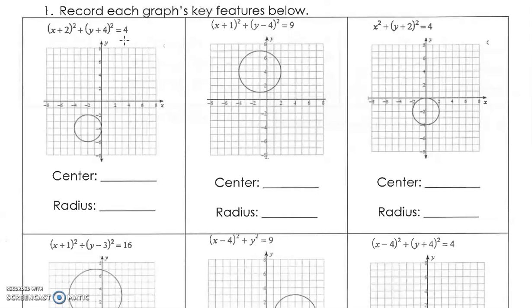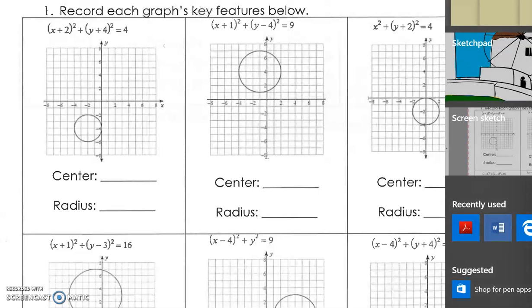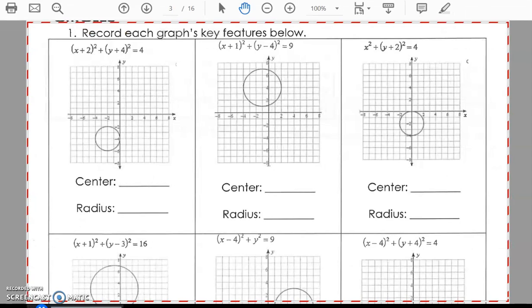center and the radius. So if we look at these examples, the center of the circle is right here. The center of the circle is at -2, -4. Now looking at the equation, notice that the x value, the number you're adding on to the x, is 2, but the x value of the center is opposite that value.